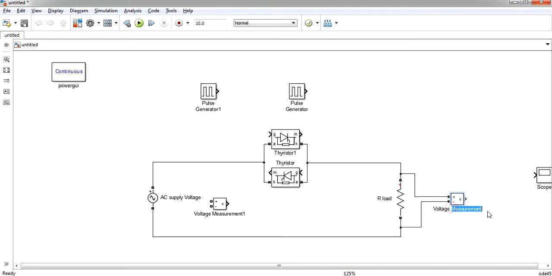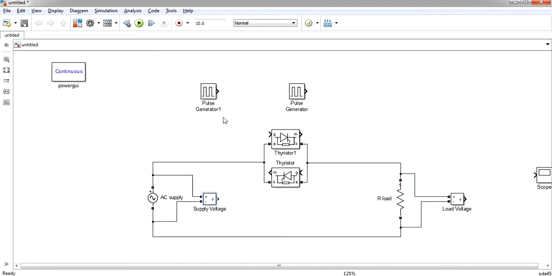Let us rename this block as load voltage. This other one is the source voltage, or supply voltage, that is the input voltage. Connect this supply voltage measurement block across the AC source, so you can observe your input voltage as well as output voltage.